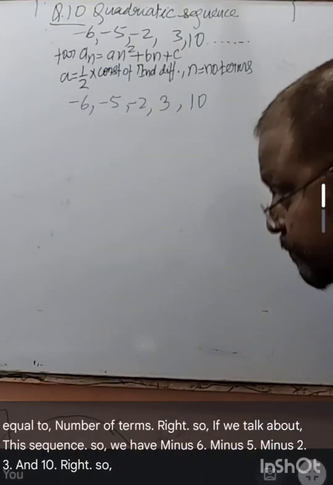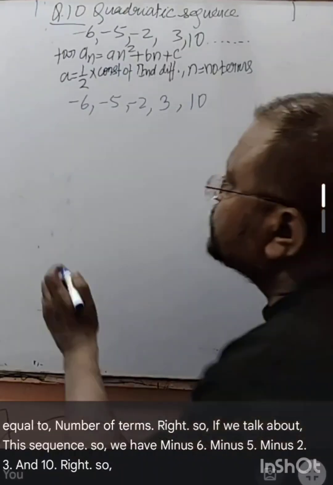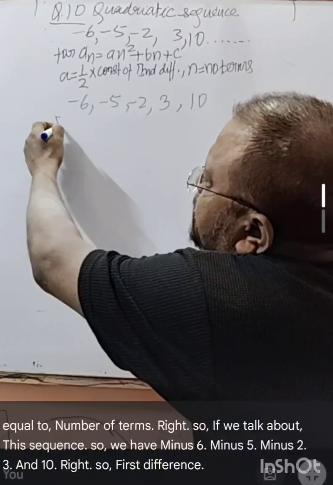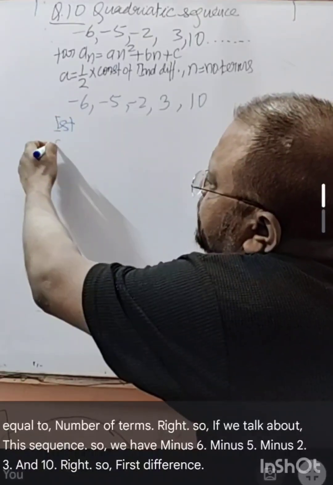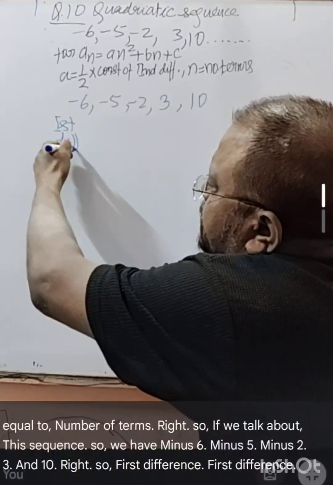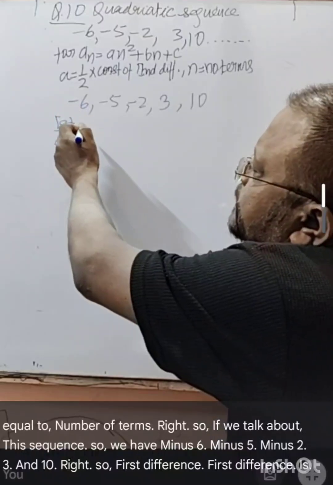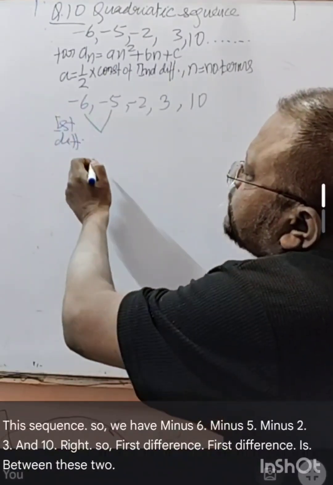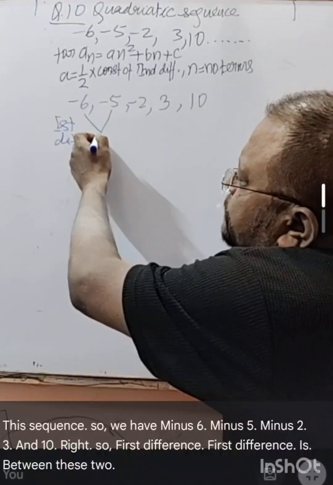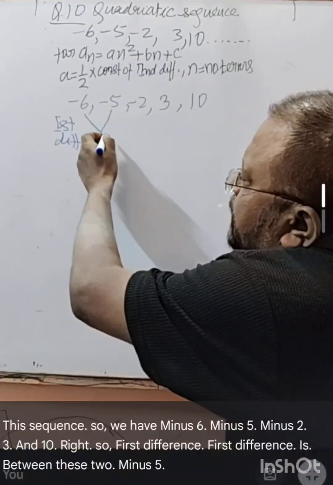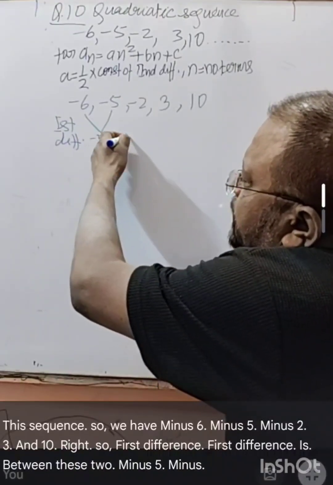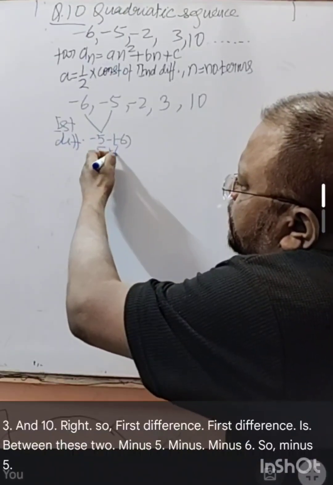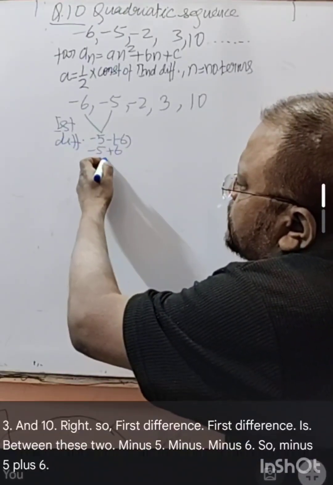So the first difference between these two is -5 minus -6. So -5 plus 6 becomes 1.